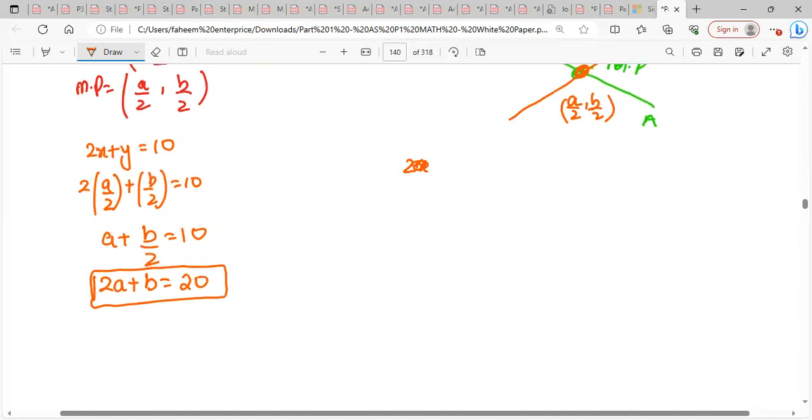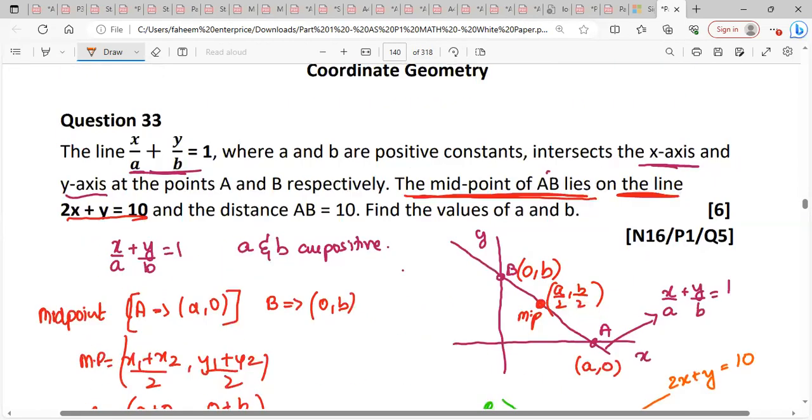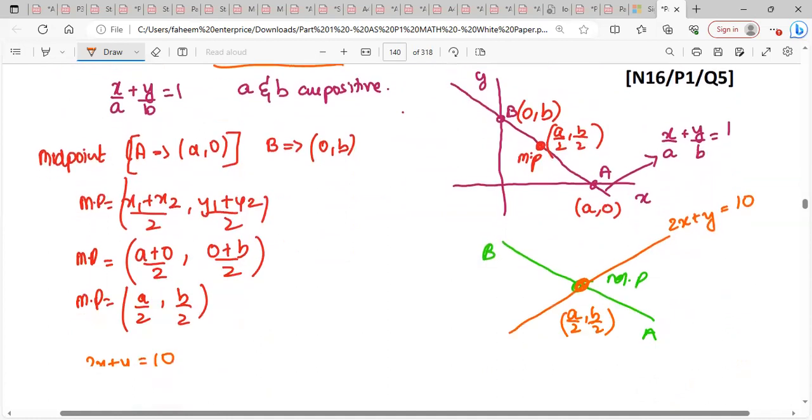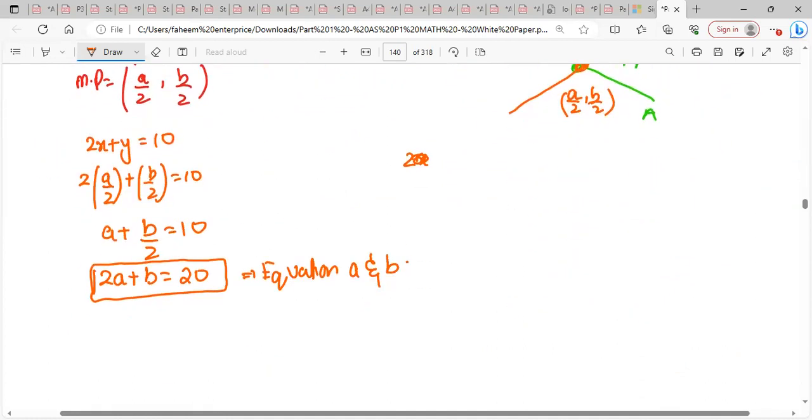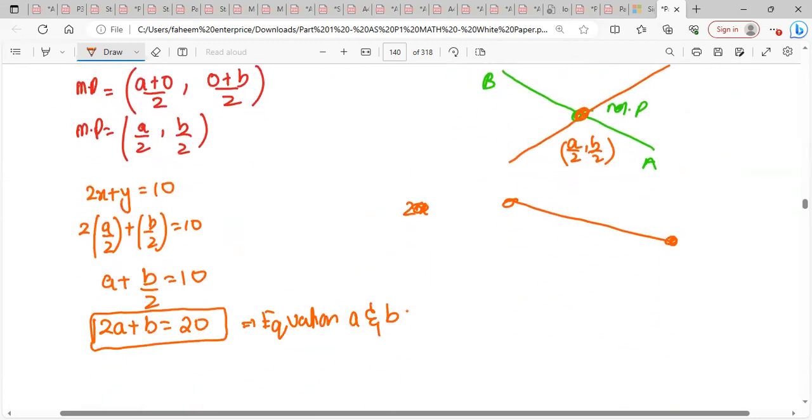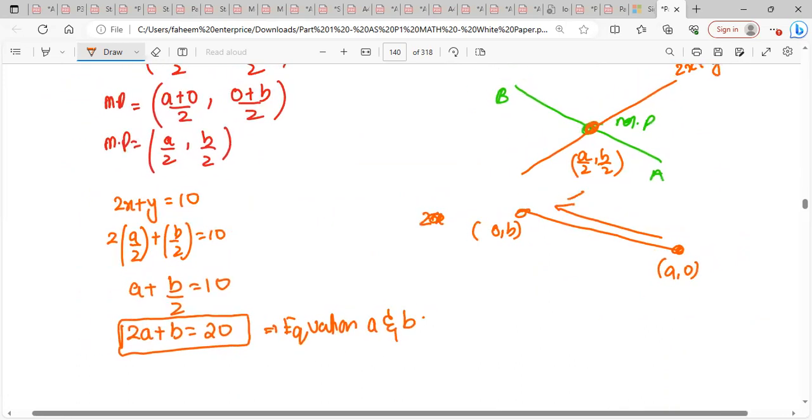20. Now, since this is the equation of a and b, the other thing is that the distance AB is 10. Now, this is A, this is B, this is (a, 0), this is (0, b), and the distance between these two is 10.